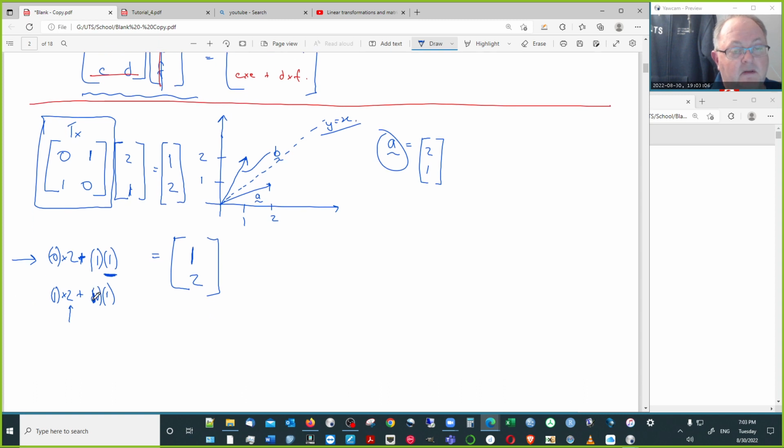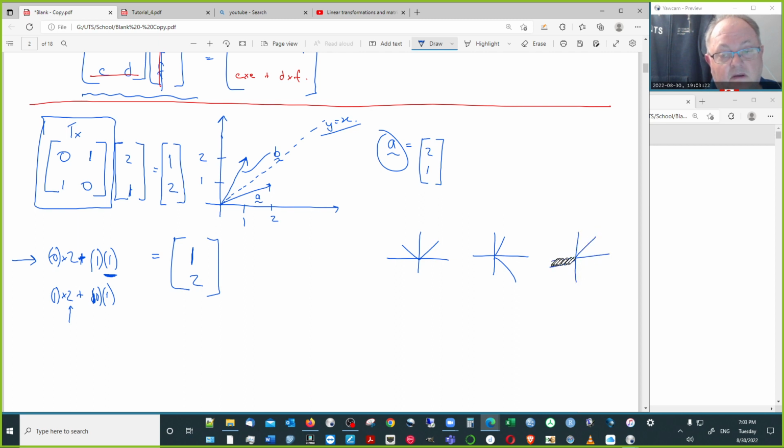Now there are many transformation matrices that do all kinds of things. Reflect vectors in the y-axis. Reflect them in the x-axis. Rotate them. Like that. There are many different matrices that are transformation matrices, so that when you apply them to a vector, it does some output thing to that vector.